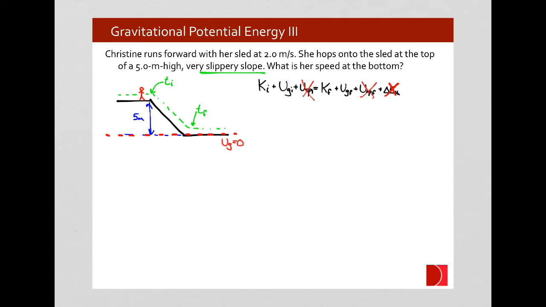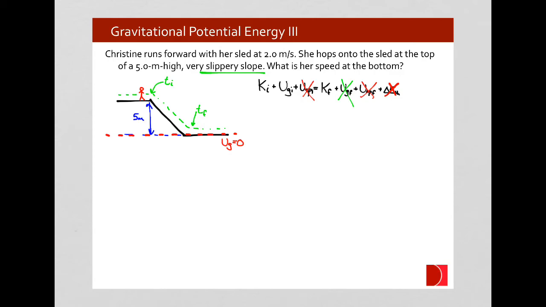So here we're going to call the ground, the bottom of the slope, our zero gravitational energy, and we'll measure everything upward from this lowest point. This is her height at the end, and so we can also throw out gravitational potential energy at the end.